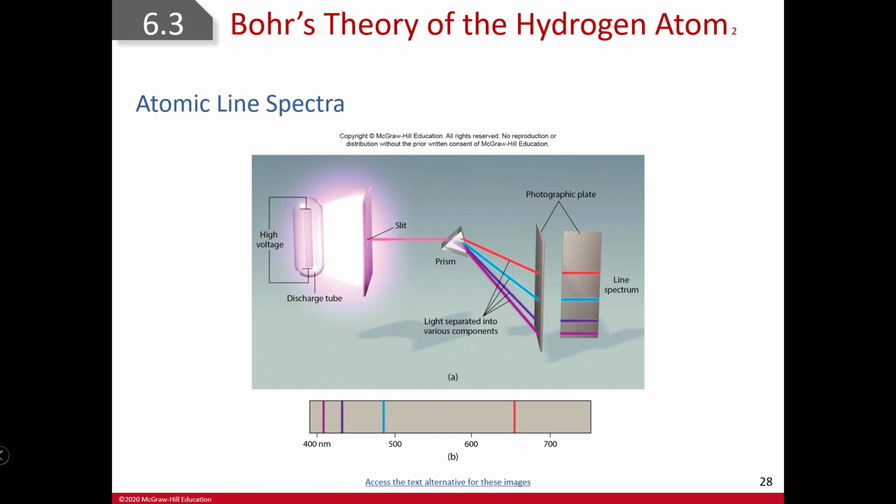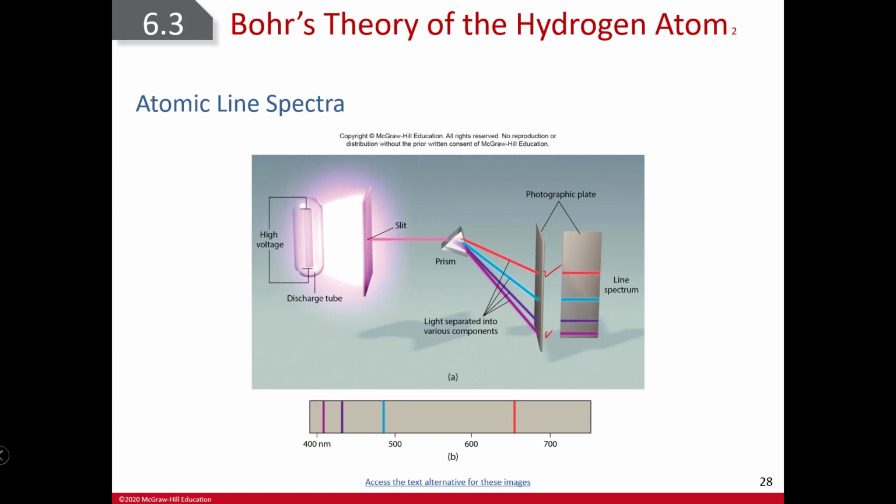And remember how a prism works. The more wavelengths that pass through the glass, the more the light interacts with the glass and the more it bends. So that's why you see violet down here at the bottom. Red is longer wavelength, so it interacts with the glass less, and so we don't see the red light bend as much through the prism.